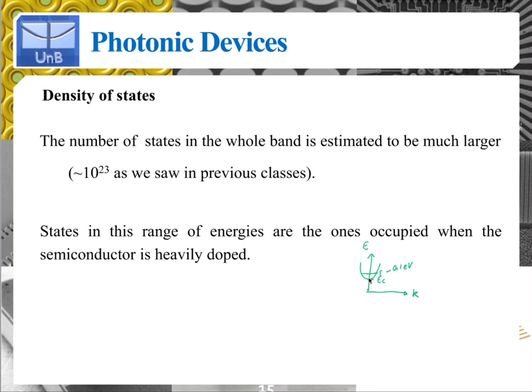So you will not go much further from here. And these states are also the ones that, perhaps up to 0.2 eV or so, are going to be occupied and participate in the electronic transitions as well. So we only need to worry about, give or take, a range that is close to this number we've seen.